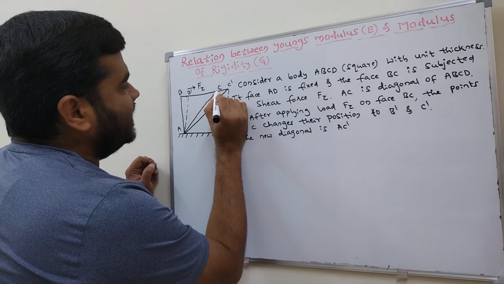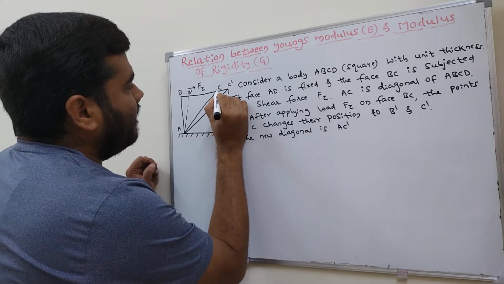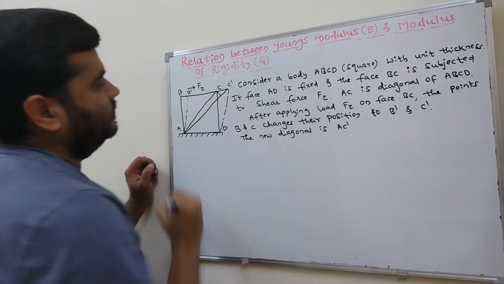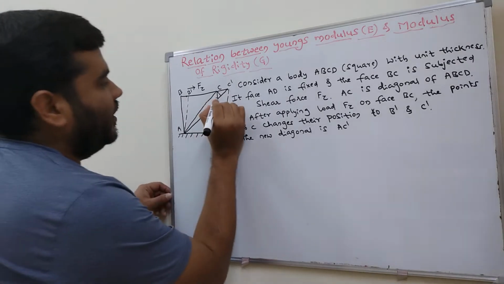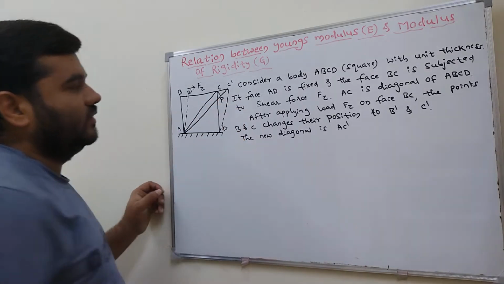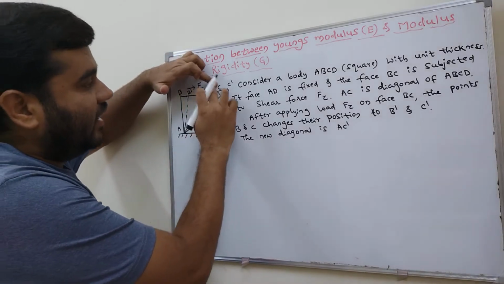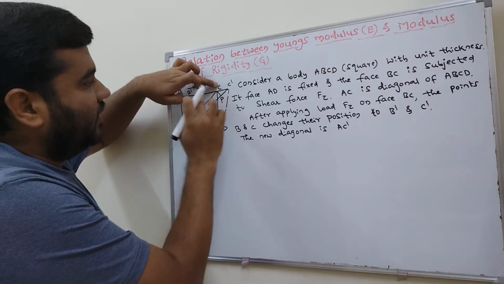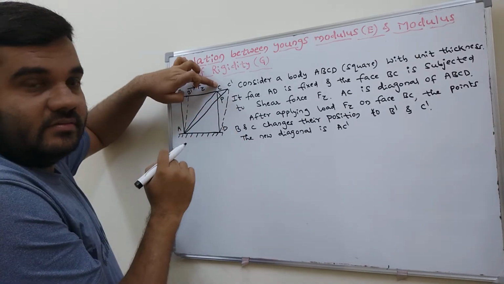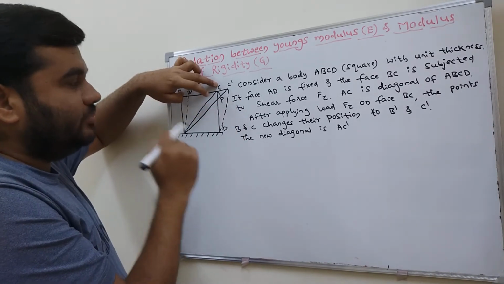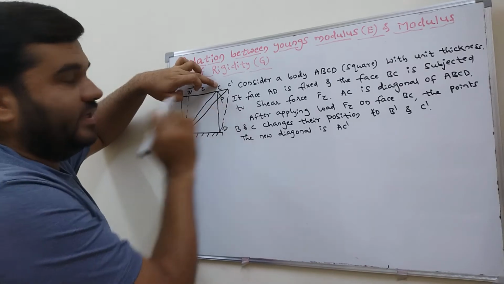You just draw exactly this point P. From C, draw a line perpendicular to AC dash, which meets AC dash at P.